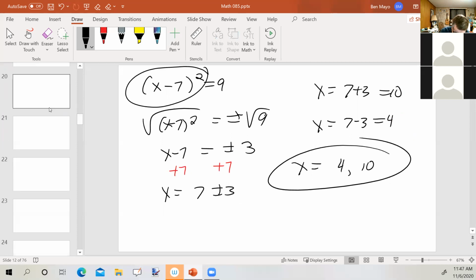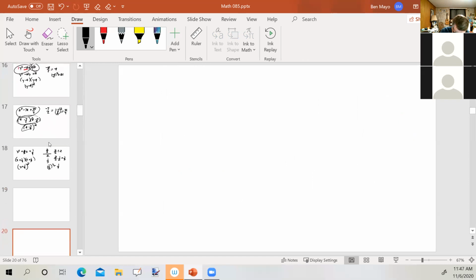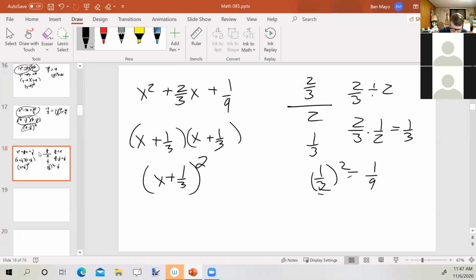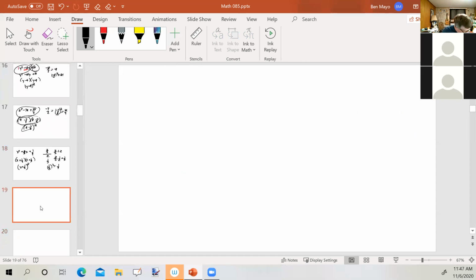Now we've looked at how to create a perfect square. So let's take this situation: x squared minus 4x minus 2 equals 0. What we are going to do is manipulate this equation so that we get it in the form of a perfect square trinomial on the left side of the equation and a constant on the right side of the equation.